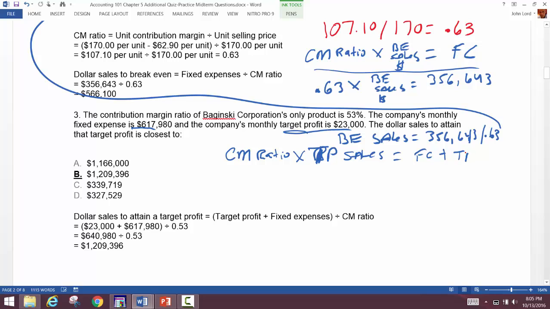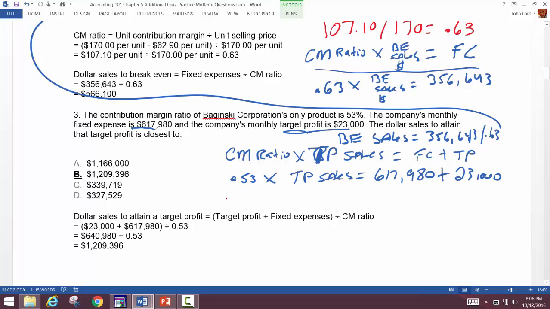Plus target profit, right? Now I take the information that the problem has given me. 0.53. I'm almost using a ninja approach on this thing. Just give me the information. 0.53 times target profit sales has to equal, what's my fixed cost? 617,980 plus my target profit of 23,000.